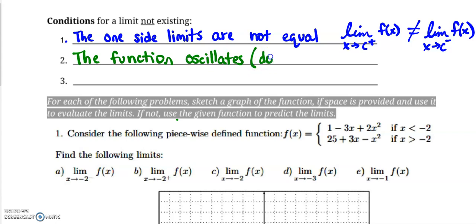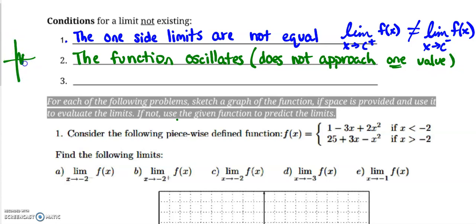And so it does not approach one value. It approaches many values. This would be if your function was going up and down really, really fast and just kept doing that forever. Third situation, and this third situation can get a little bit tricky.